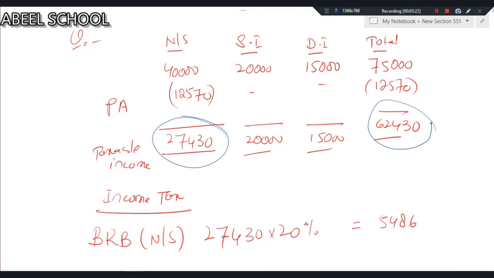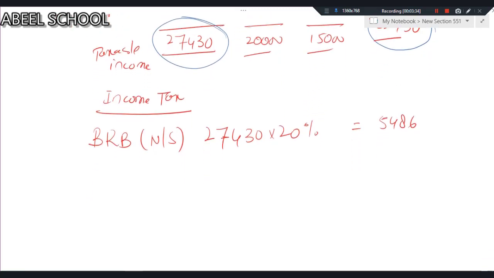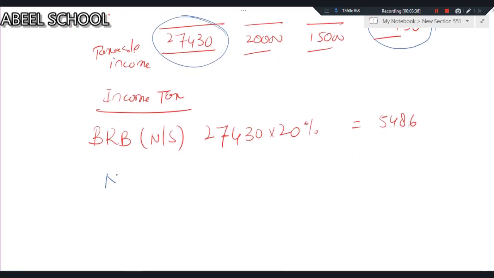Whoever is a higher rate taxpayer gets a nil rate band of 500 for his or her saving income. So the same applies in this question. Nil rate band saving income, 500 into 0%, obviously 0.